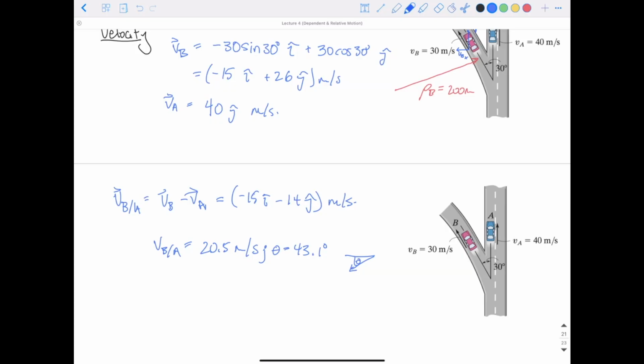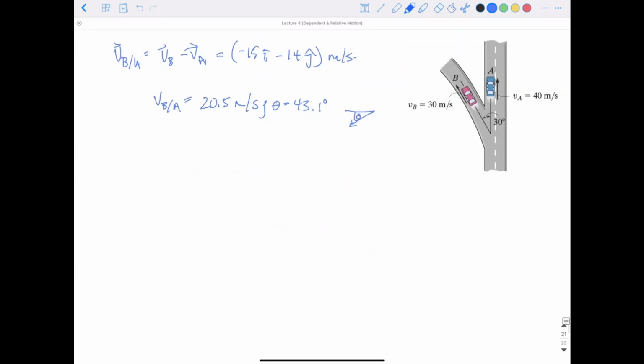So I just skipped through the velocity section because I want to have time to cover the acceleration part. So for acceleration, how would we write the acceleration of the car?